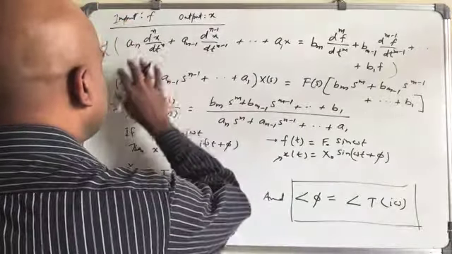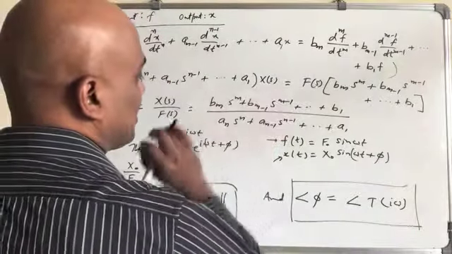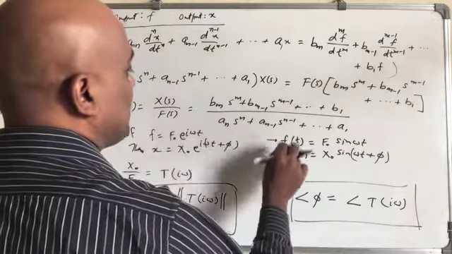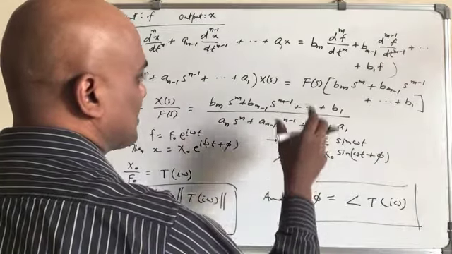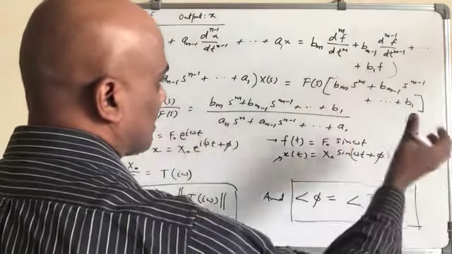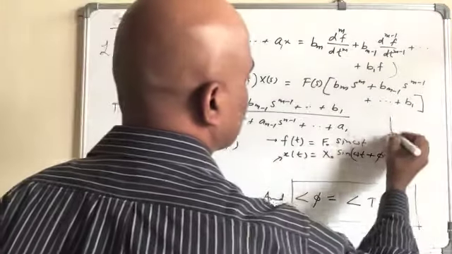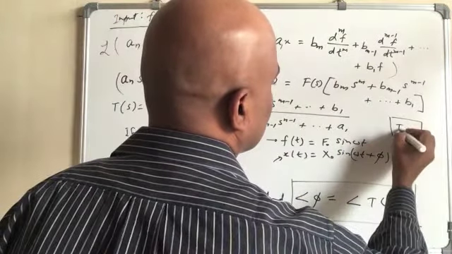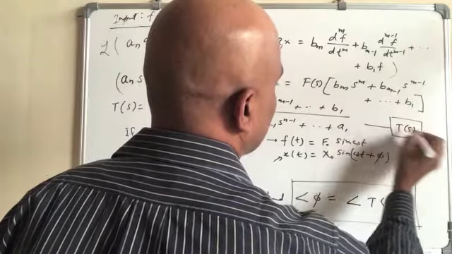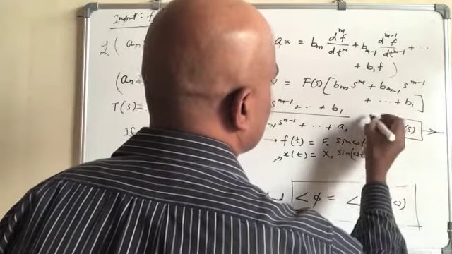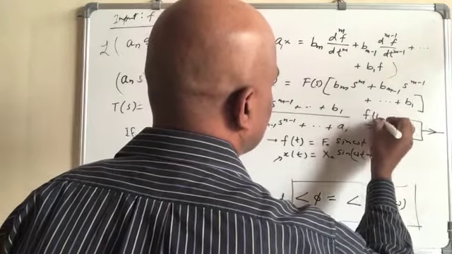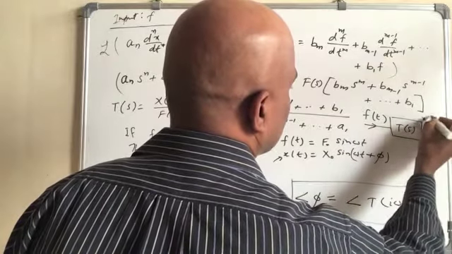If the transfer function is given, then for the same system, it will be like this. This is the system transfer function. This is the input. What is the input? F(t), and the output is x(t).